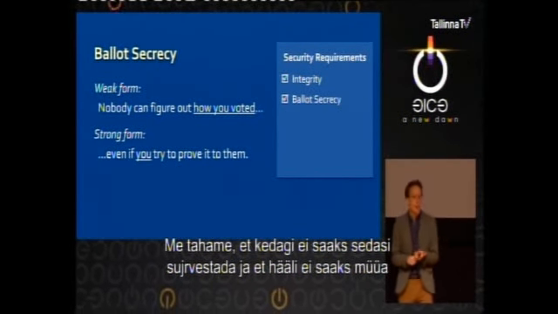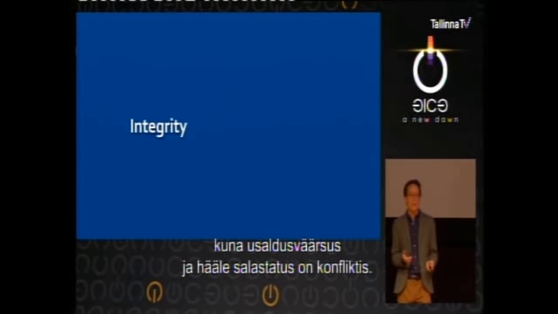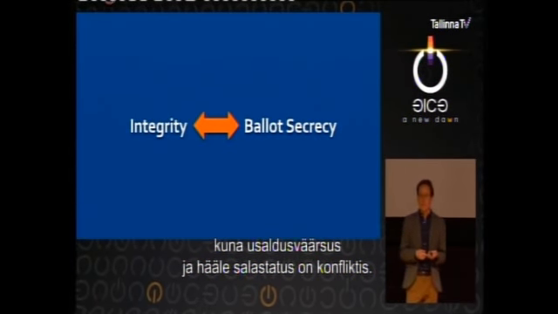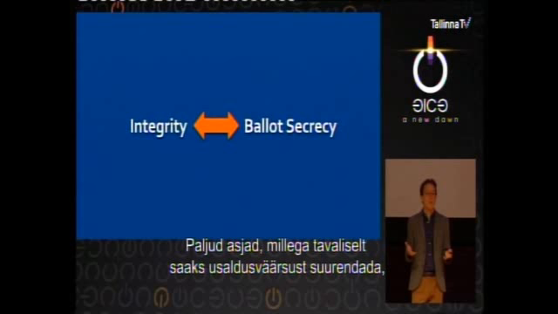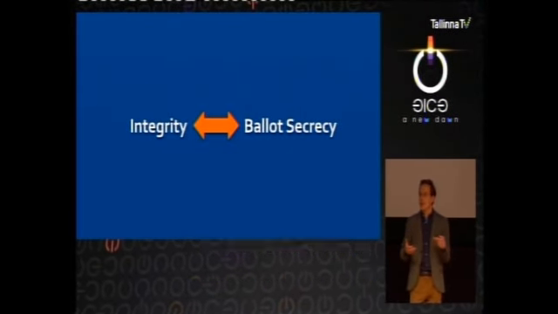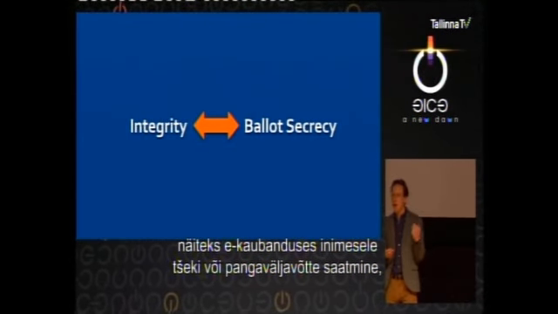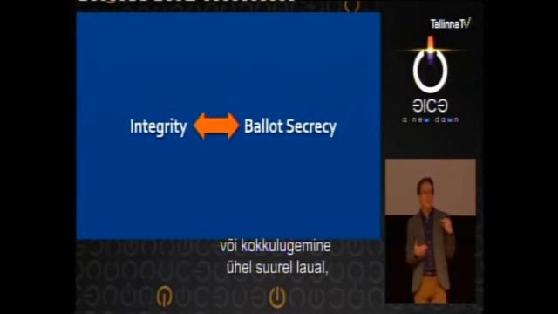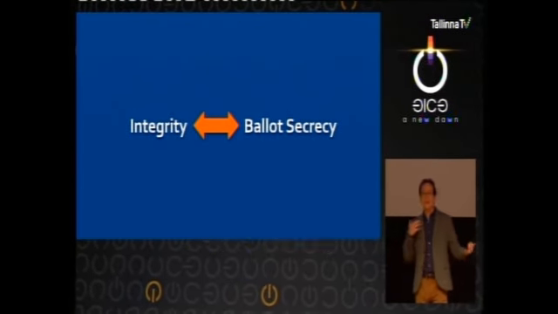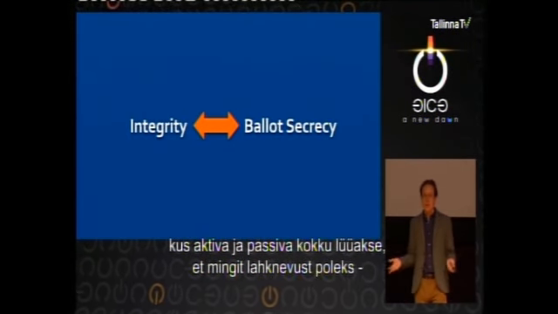And the reason that e-voting is a difficult problem is largely that these 2 properties, integrity and ballot secrecy, are in tension. Many defenses that we might normally try to use to increase integrity, things like we do in electronic commerce to send people a receipt or a bank statement, or to do accounting where we have just a big table where all the money in and out is totaled and we make sure they're in agreement.